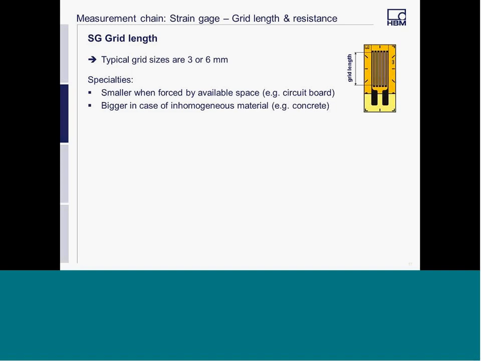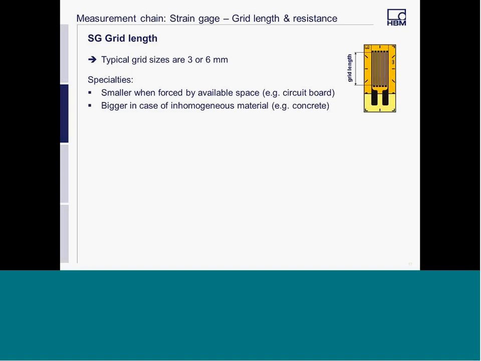These days, the companies measure a lot on these boards, and they always take smaller ones. Or take a bigger one if you have an inhomogeneous material, for example, concrete. On metal, it's homogeneous. You can take 3 or 6, but on concrete, you have to take a much bigger one. It depends a little bit on the stone size of your concrete which one to take.